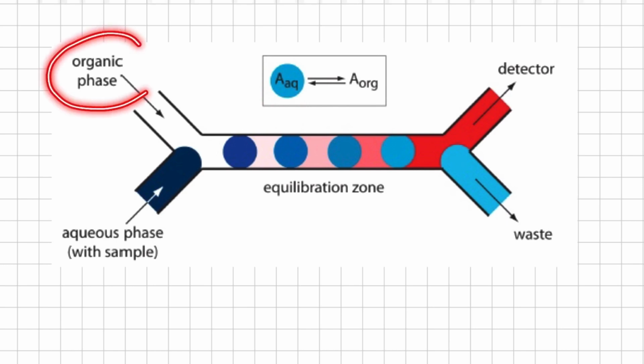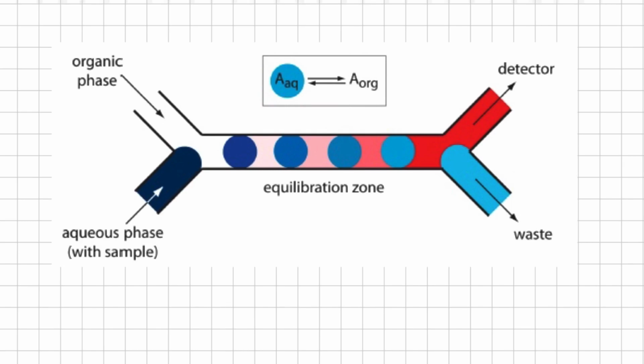If we see here, this is the stream of the organic phase and this is the stream of the aqueous phase. Our sample is contained in this aqueous phase, but we are mixing these two phases together. The white portion is coming from the organic phase, whereas the blue portion is coming from the aqueous phase. Both are combining together.